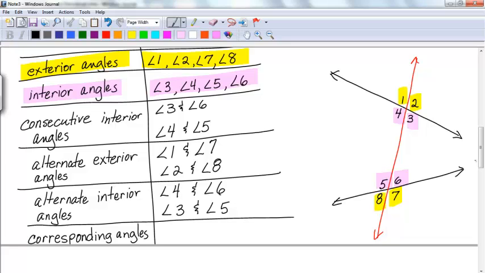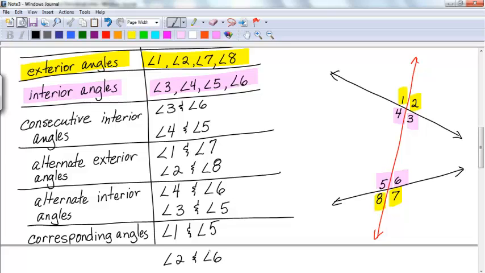So they occur in pairs. You're going to have 4 pairs on this one. 1 and 5. They're on the same side of the transversal. One's on the exterior, the other one's on the interior. Another one is 2 and 6.